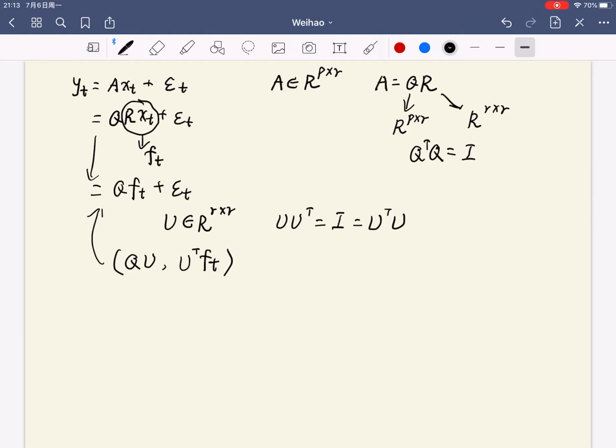Next, I will introduce some notation and state the assumptions in the paper, as well as the estimation method. For each lag k, we define the sample version of the autocovariance matrix of x at lag k.